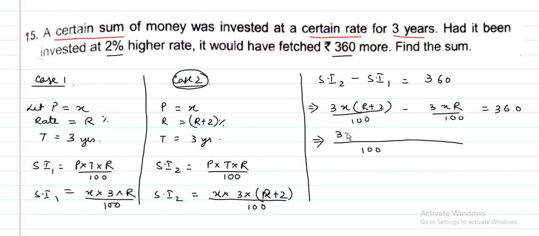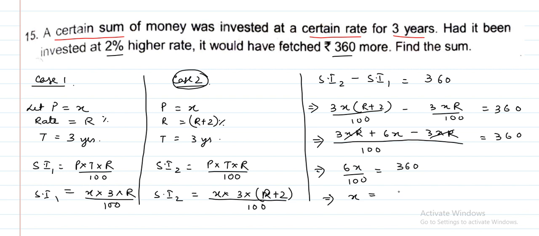If you open the bracket, it will become 3x into R plus 2 into 3x, which is 6x, minus 3x into R. Remember, when you open the bracket, 3x will be multiplied to R as well as to 2. So 2 into 3x will be 6x equal to 360. Now plus 3xr and minus 3xr get cancelled and 6x by 100 is equal to 360.